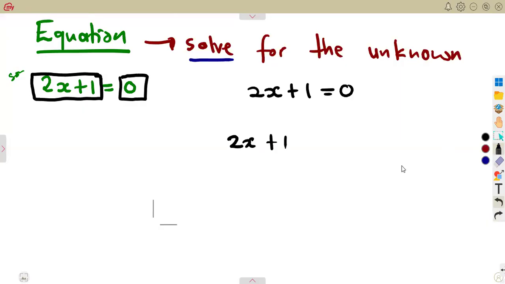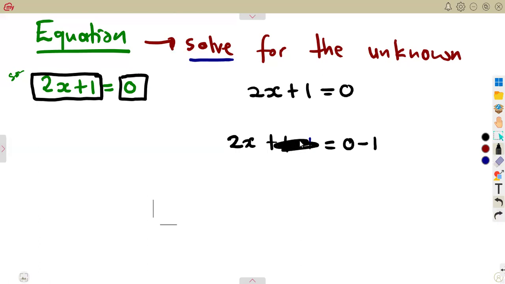What are we going to do to remove this 1 so that it gives us a 0? Remember, we subtract. If this is a plus, the other one will be a minus. So this is equal to what? 0 minus 1. Remember your concept. So as we subtract 1 minus 1, that's a 0 there.